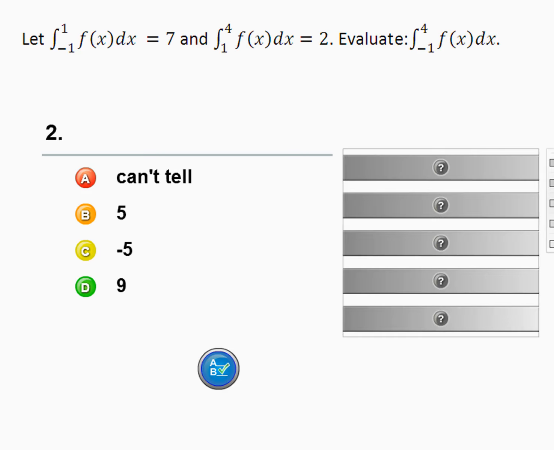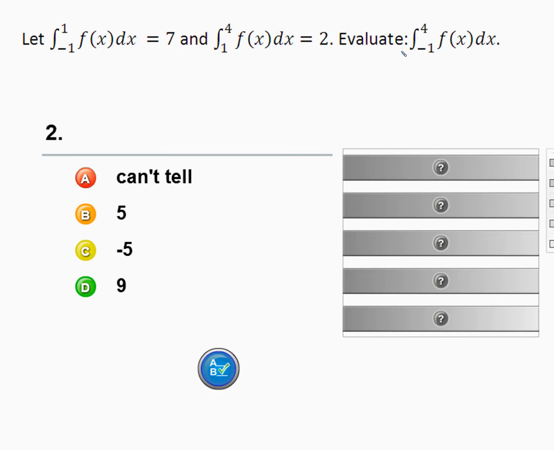The next one. Let the integral from negative 1 to 1 of f of x dx equal 7. So the integral from negative 1 to 1 of this function is 7. From 1 to 4 is 2. Evaluate the integral from negative 1 to 4 of f of x.